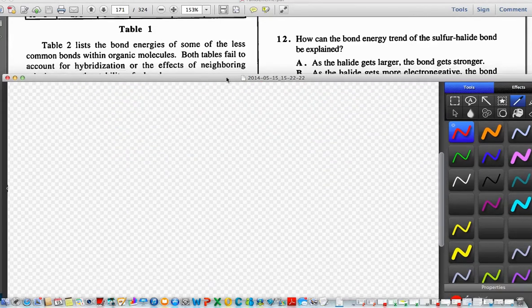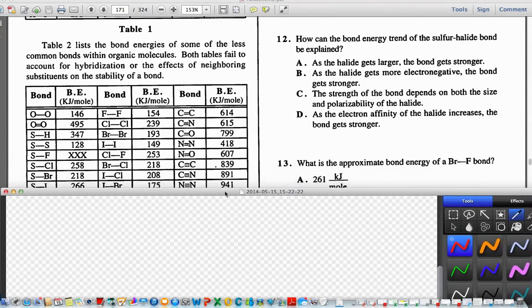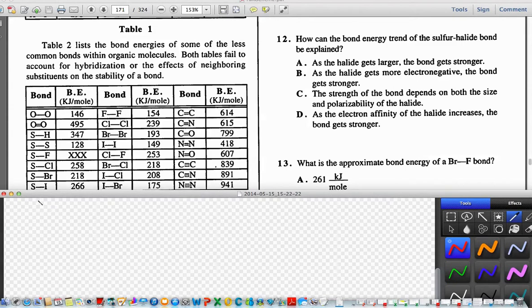So we could do SF, SCl, SBr, and SI. SF doesn't look like it's measured.